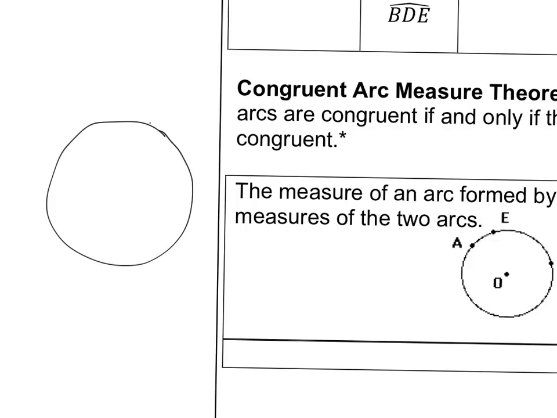We got a circle. If these two central angles are congruent, then that means that these two arc measures are congruent. That's all there really is to it. And then also, I guess you could say these two angles are congruent, so therefore these two arcs are congruent. And if they were different circles, if the angles were congruent, then the arcs would be congruent. Pretty simple.